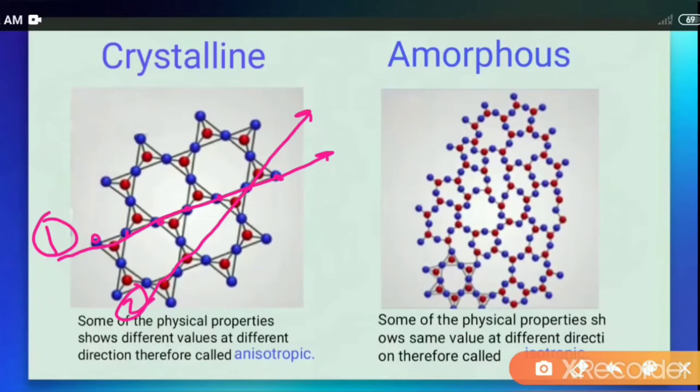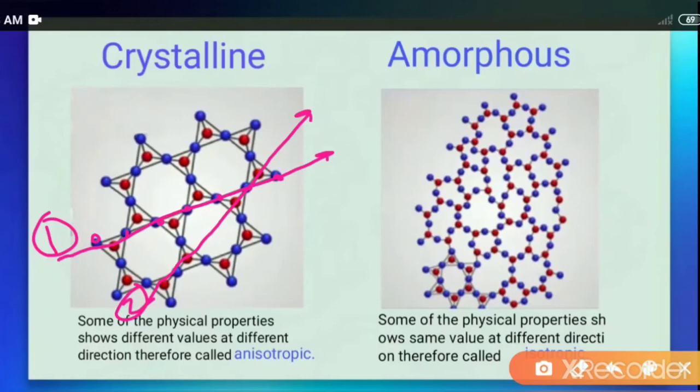That means there is a regular arrangement of pattern. So when we find the refractive index or any other physical property in different directions, it takes place through different particles, so we get different values.